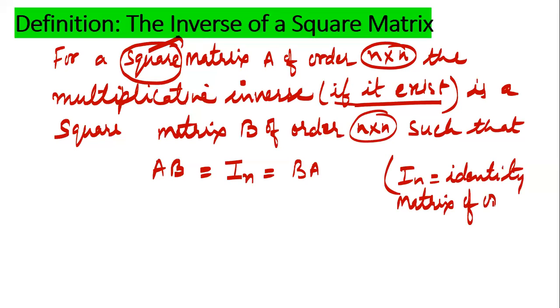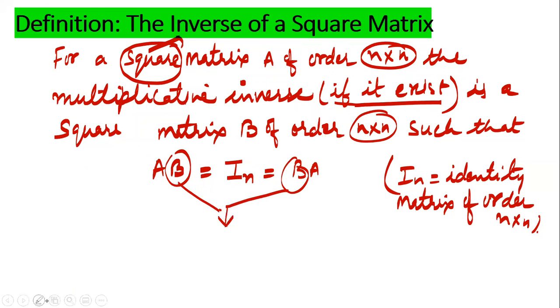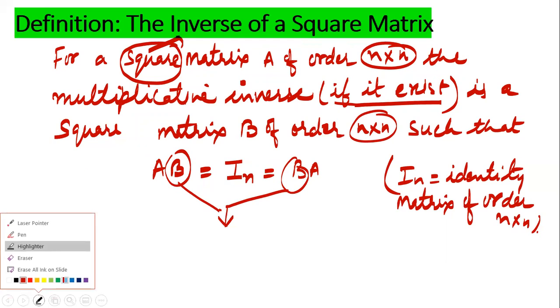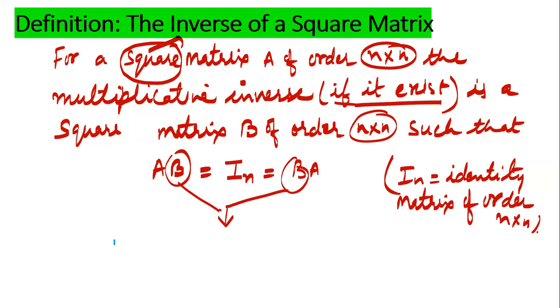If this exists, here this B is known as the inverse of A.